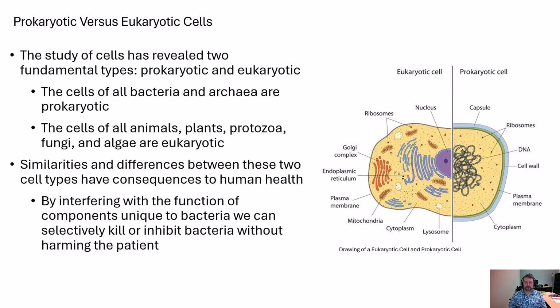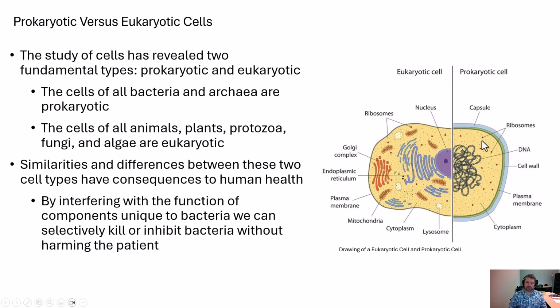So the idea is to choose things that prokaryotic cells have, but eukaryotic cells don't. So like maybe a capsule, potentially a cell wall that's made out of peptidoglycan, okay? A certain type of ribosome. What's not pictured here is ATP synthase, an enzyme that is needed for the organism to generate energy.